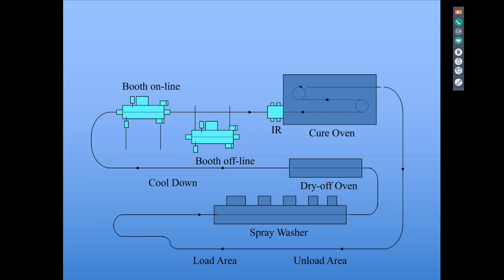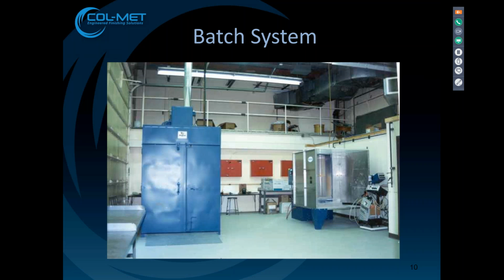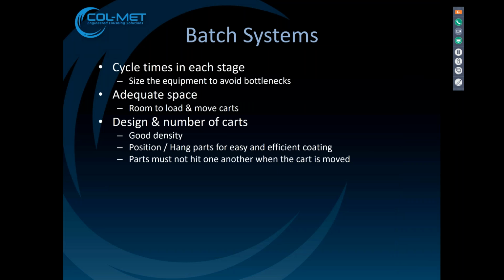Now, sometimes we go through this exercise and we find that what the customer needs is a batch system. I'm going to briefly touch on batch systems because we are going to concentrate mainly on the engineered finishing solution here.